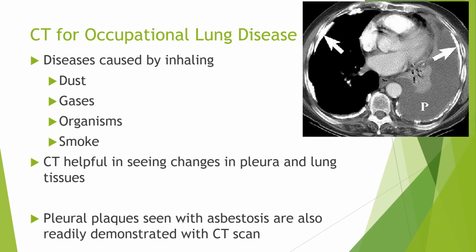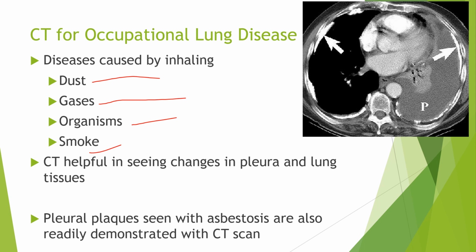What about occupational lung disease? This is another ILD, right? This is just a fancy way of looking at, remember that whole word pneumoconiosis, where it was like a known cause, like inhaling coal dust, gases like chlorine gas and things like that. So this would be like a pneumoconiosis. What about occupational lung diseases?